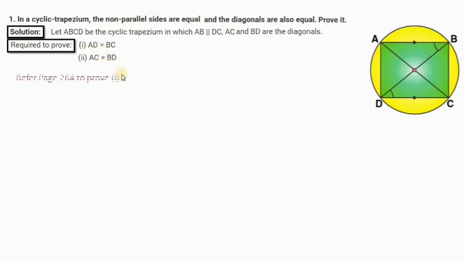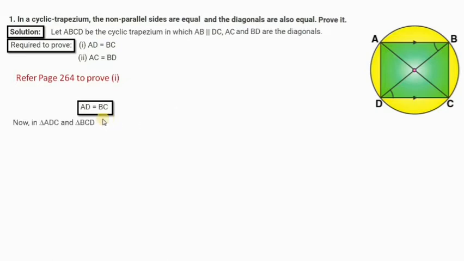To prove the first part, I suggest you refer to page number 264, because that is the solved example for the first part. The second part I'll show you myself. With the assumption that we have already proved that AD and BC are equal, let us begin with the second part.